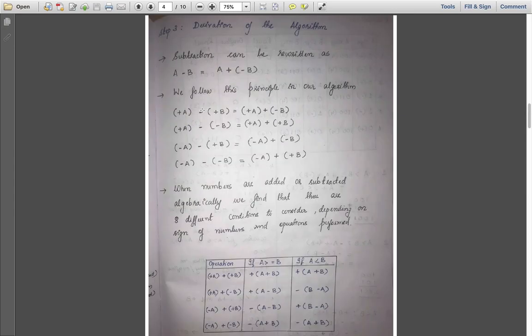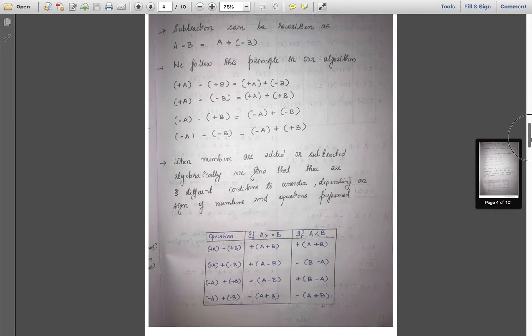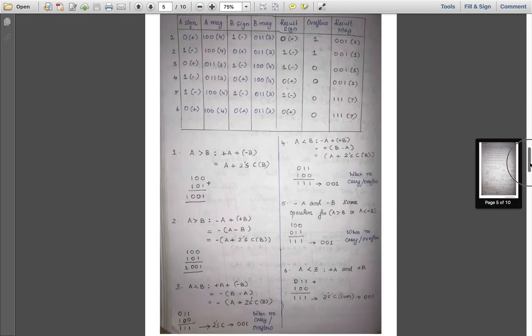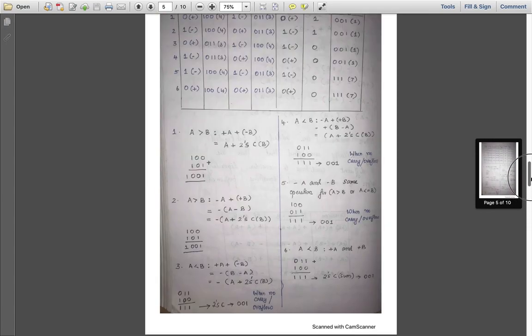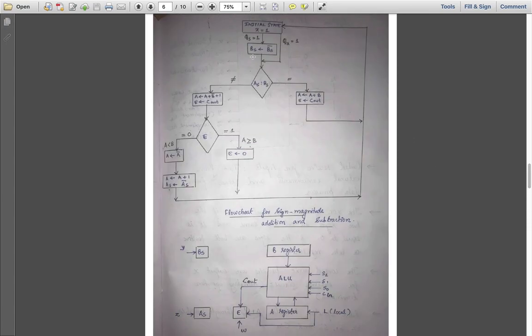See here, in all the subtraction cases, whatever was the sign bit of B, you are complementing it. Plus B is converted to minus B, minus is converted to plus. So that is represented in our flow chart.